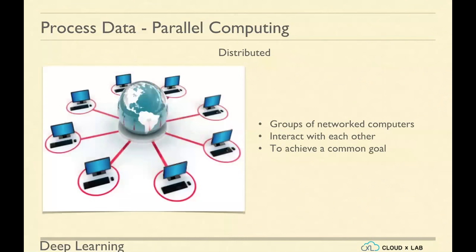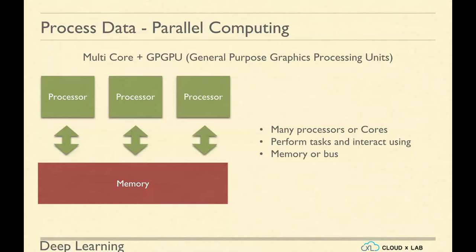And to process, we need parallel computing. Parallel computing is of two kinds in general. One is distributed, as in getting the work done on multiple computers. And the second kind is using multiple processors on the same computer.